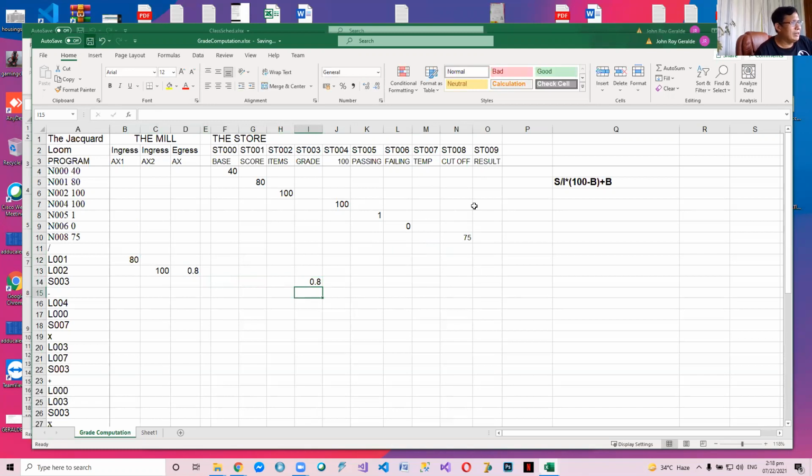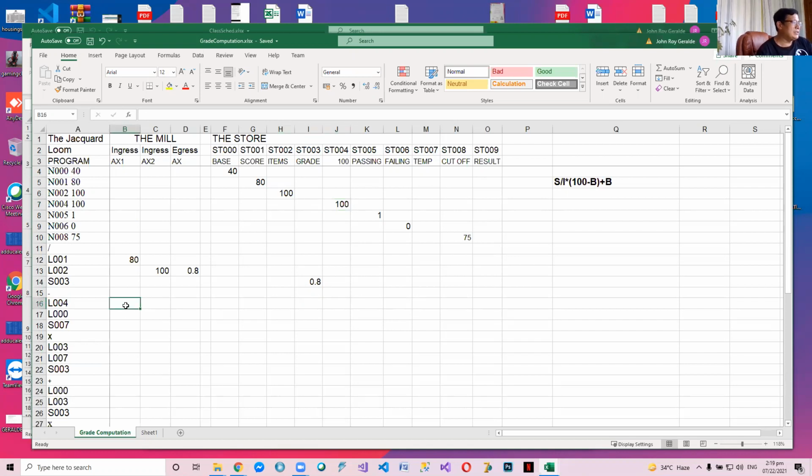Okay, any questions? Very clear, that's score over items. The thing is, we will have 100 minus base. That's why we have 100 here. This is different from the items. They're not the same. You cannot do a load and store here. So this 100 is used to compute the 100 minus base.